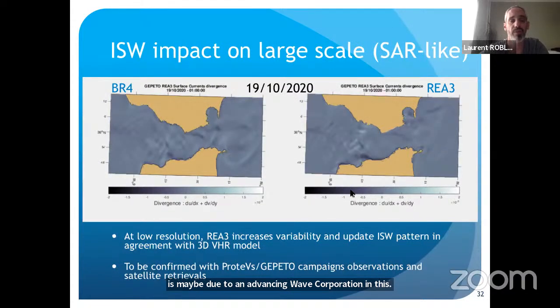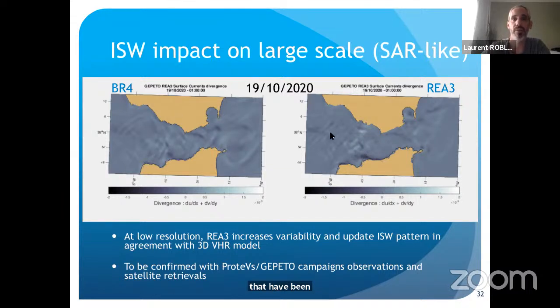If we present now results at the low resolution between BR4 and the RIA3 model at the resolution of the parent grid, I mean, you have upscaled all the physics and updated the low resolution parent grid model after taking into account all these processes that have been resolved in the child grids.